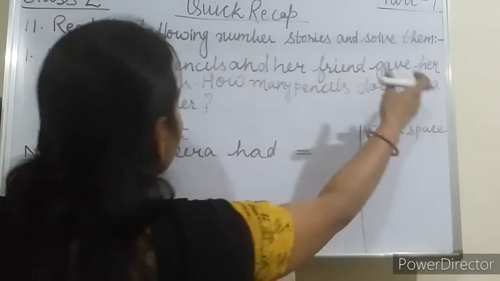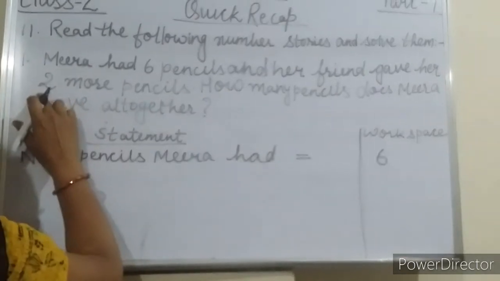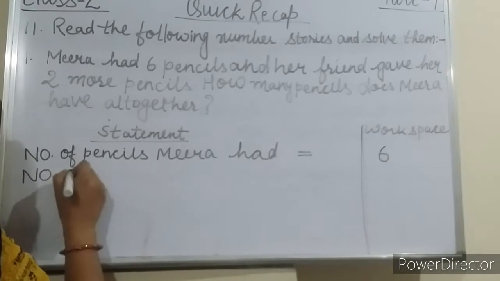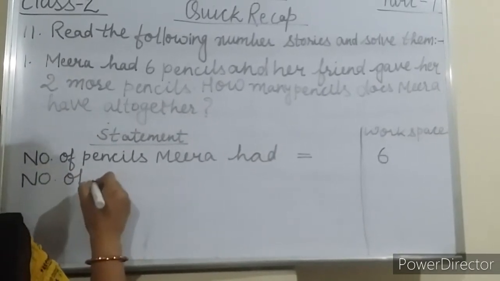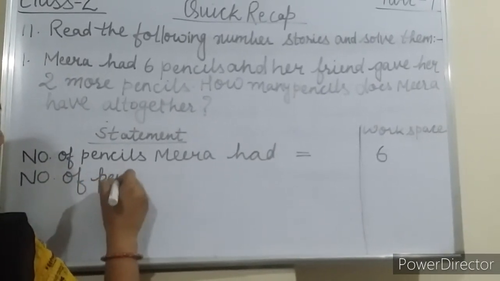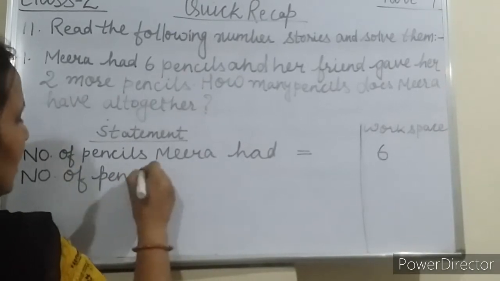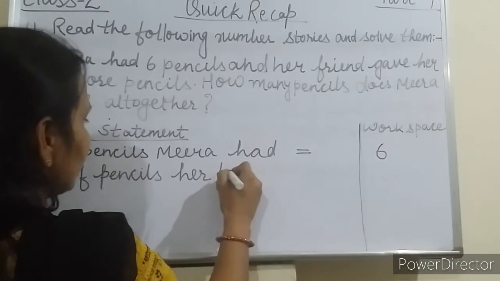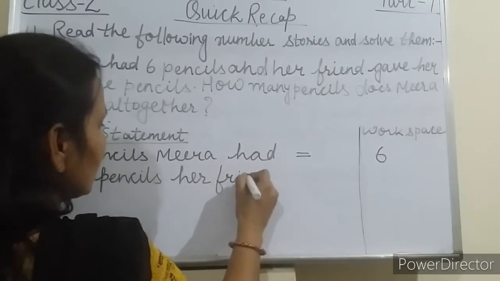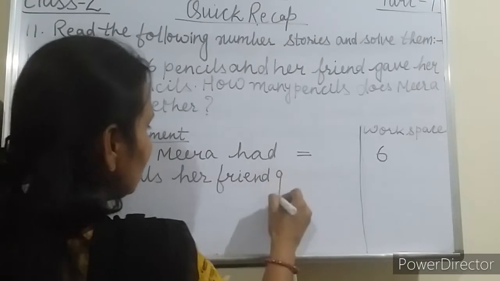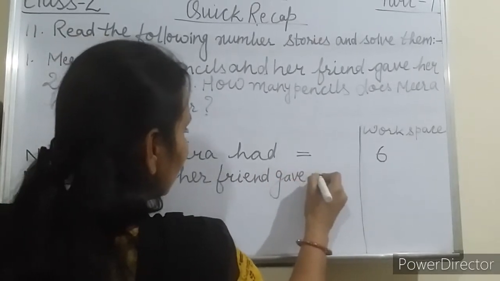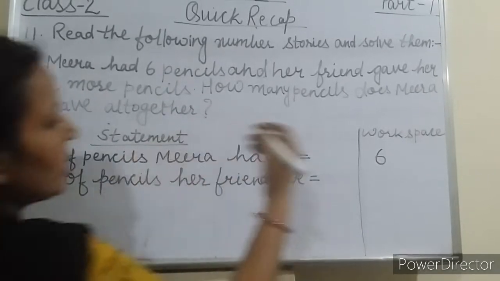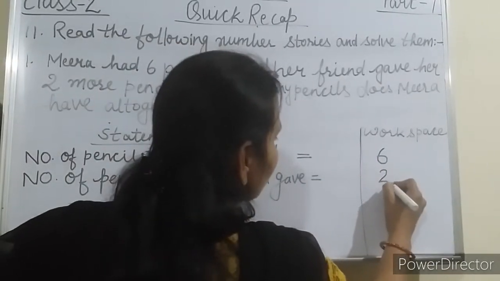And her friend gave her how many more pencils? 2 more pencils. So here you have to write number of pencils her friend gave. How many pencils her friend gave? 2 pencils. So here we will write 2.